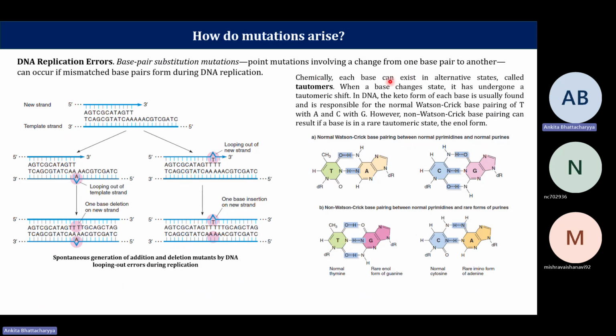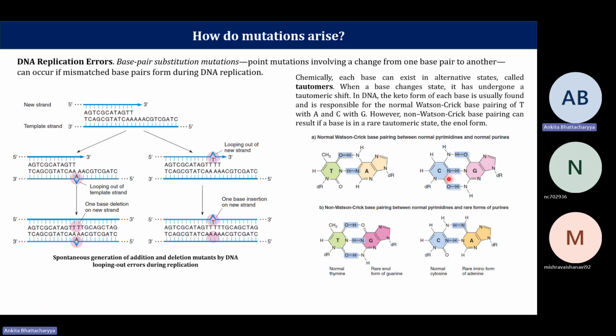Here, what you see is an example of different base states, which are called tautomers. Tautomers are different chemical states of the same nucleotide bases. In DNA, the keto form of each base is usually present in the double helix and is responsible for normal Watson-Crick base pairing, where you see AT and CG base pairing between these dNTPs or nucleotide triphosphates.